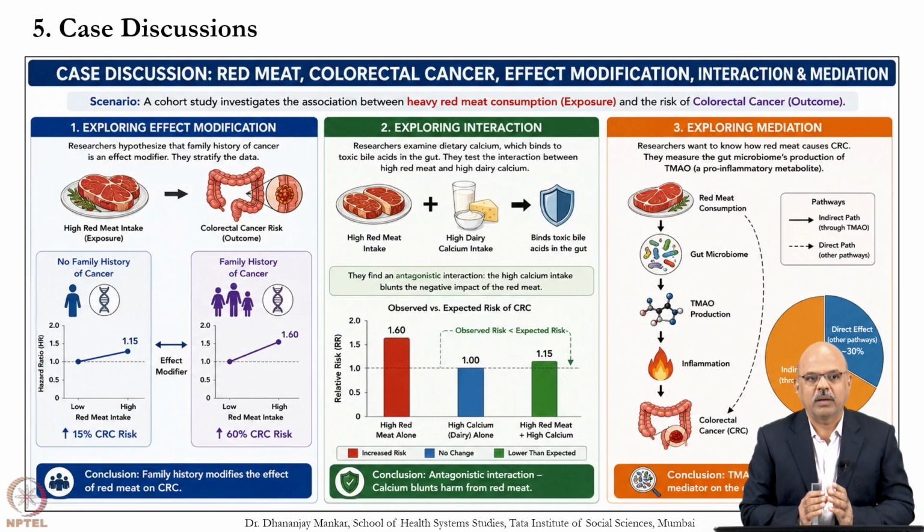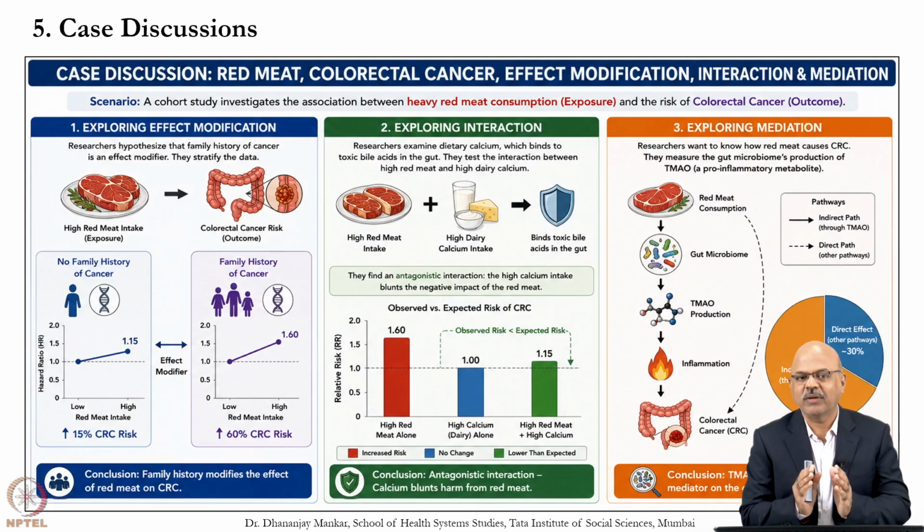There are three ways to understand this, and the case is on red meat, colorectal cancer, effect modification, interaction and mediation. So how to make it simpler? Let me give you the scenario. It is a cohort study which investigates the association between heavy red meat consumption and the risk of colorectal cancer.